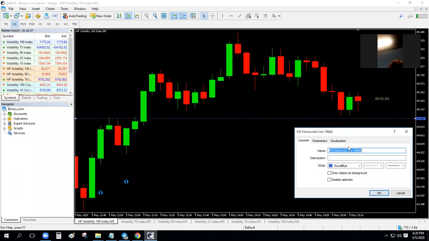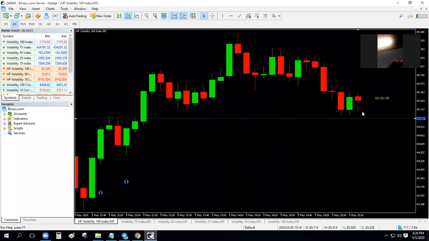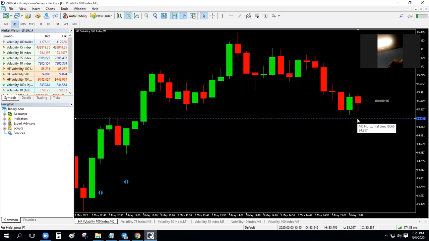No touch options means once I place my value here, for example, I've drawn a line here, I'm trying to predict that the next candle will not come and touch this line. That's the meaning of no touch. In other words, after the duration of 5 minutes, that's my expiry time, it could be 2 minutes, could be 5 minutes, within that period price will not touch this line. That is the meaning of no touch.